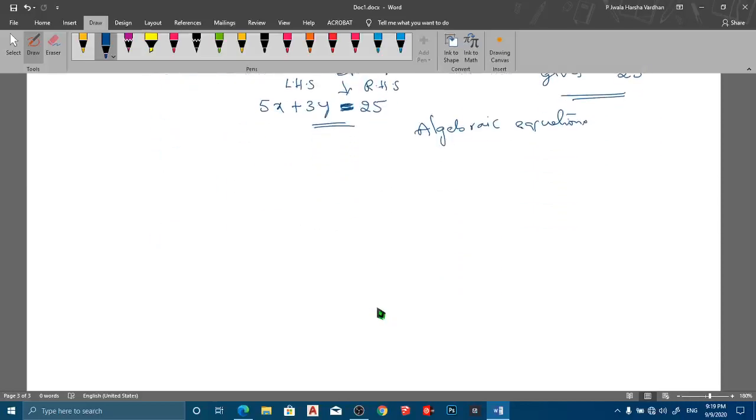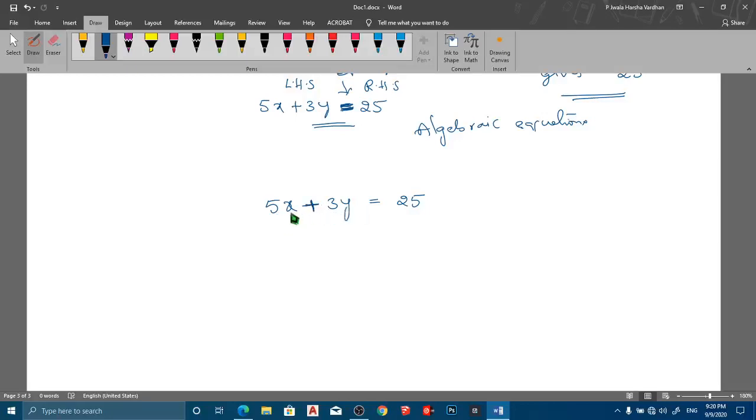So in the algebraic equation, either in the equation or the expression, you have some terms. For here you see this is 5x plus 3y is equal to 25. Here two terms are there. Terms always will be separated by either plus or minus or multiplication symbol or division symbol. Any symbol you can take here.